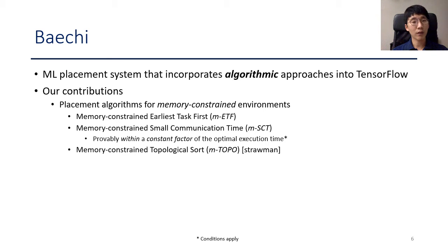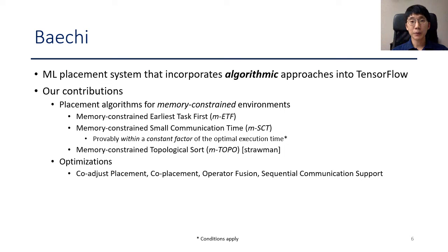We adapt parallel job scheduling and propose 2 memory-constrained algorithms called METF and MSCT. We also present a strawman based on topological order called mTopo. For MSCT, we prove that its generated placement is within a constant factor of the optimal under certain conditions.